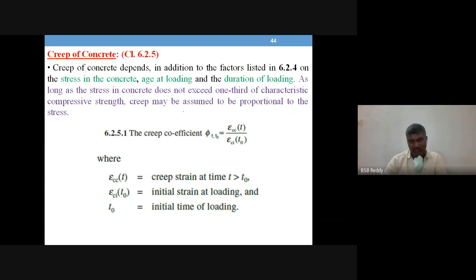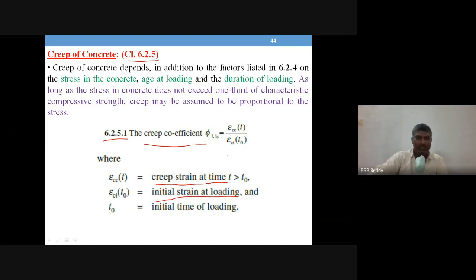For example, if you want the creep strain at 90 days, or 80 days, or 6 months, you can estimate the creep strain values from the detailed mathematical expressions given by the IS code, in clause 6.2.5. Clause 6.2.5.1 defines the creep coefficient as the creep strain at a particular time divided by the initial strain at loading.